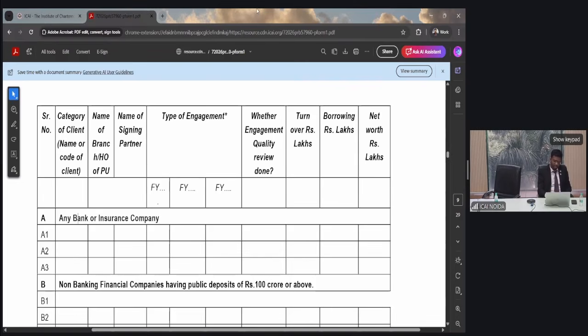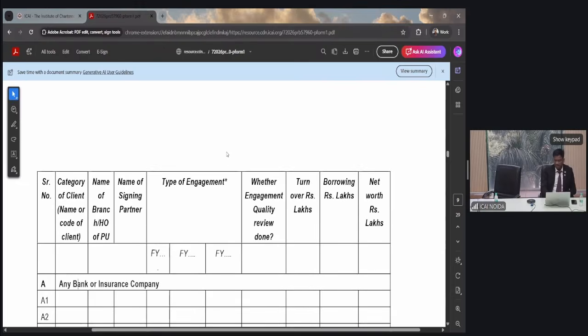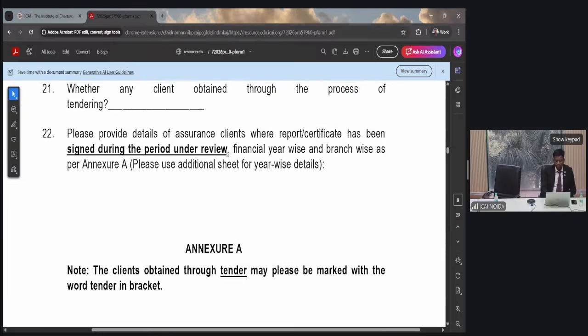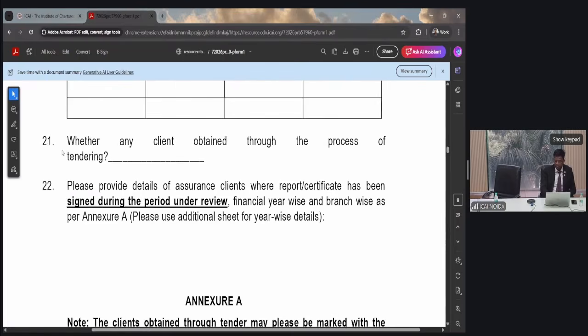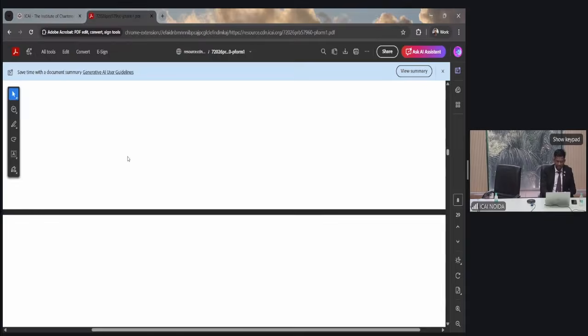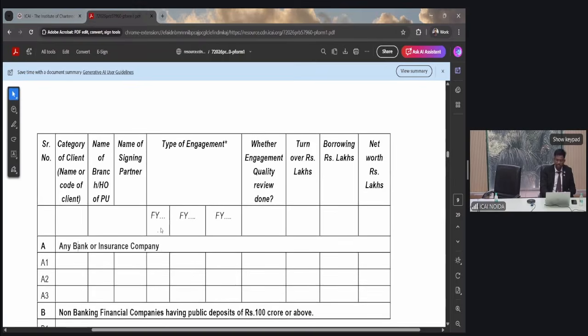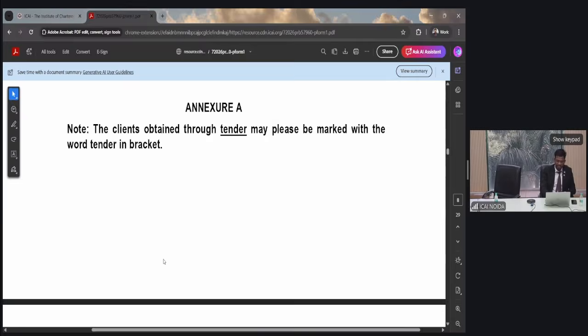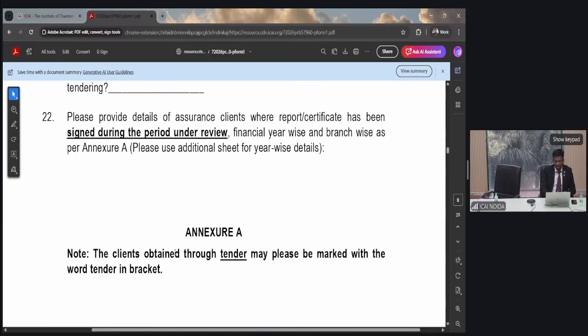Okay. And after this is prepared in this manner, now I'll cover clause 21. In case there is any client, which client? Not a general client, but only clients covered in this table, only UDIN clients.